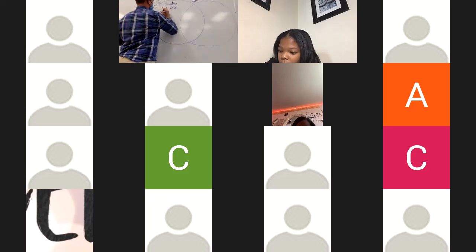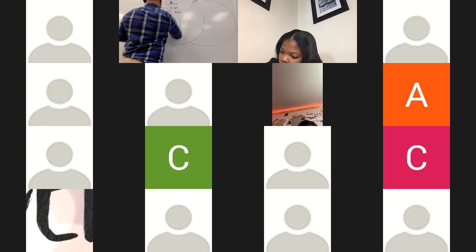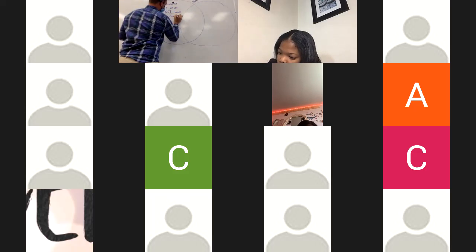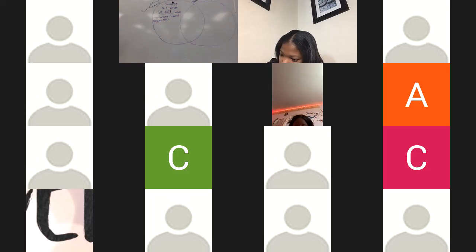And then they do not have membrane-bound organelles. So you should be filling out your chart now if you haven't done it already. If you have filled out your chart, then you should be double checking that you've got all of these traits.